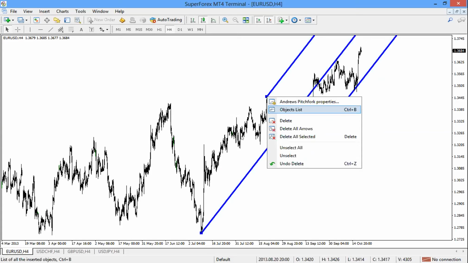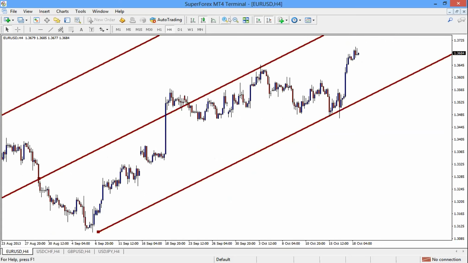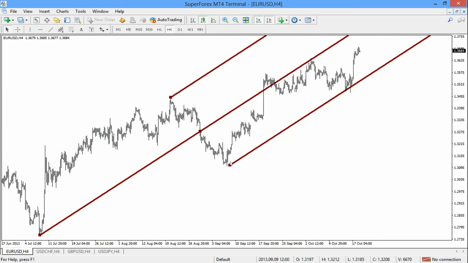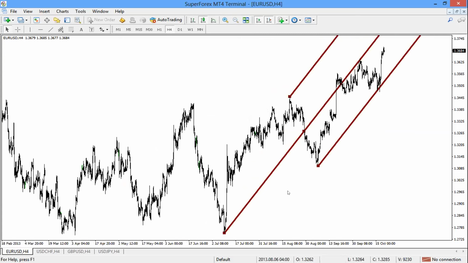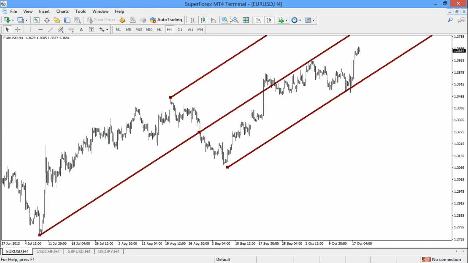I usually like the red color. Basically the pitchfork is used for support and resistance. It works as a support and resistance line because the market does not go in a straight line. So the pitchfork follows the market where it is going. If you check on your phones, it is there.